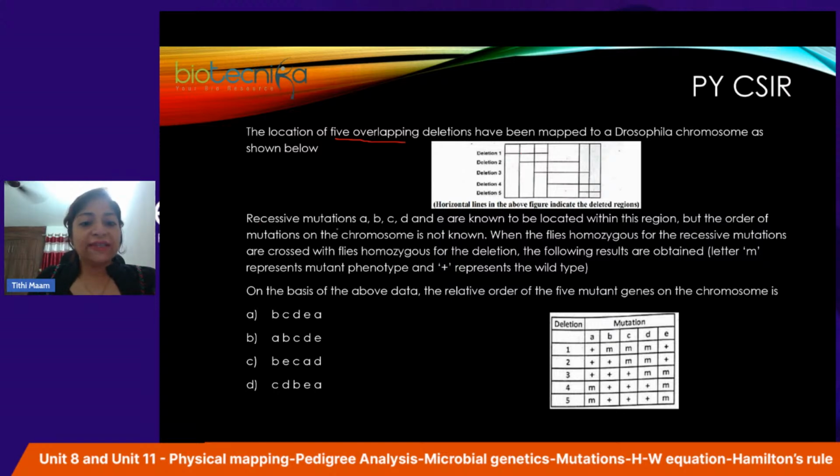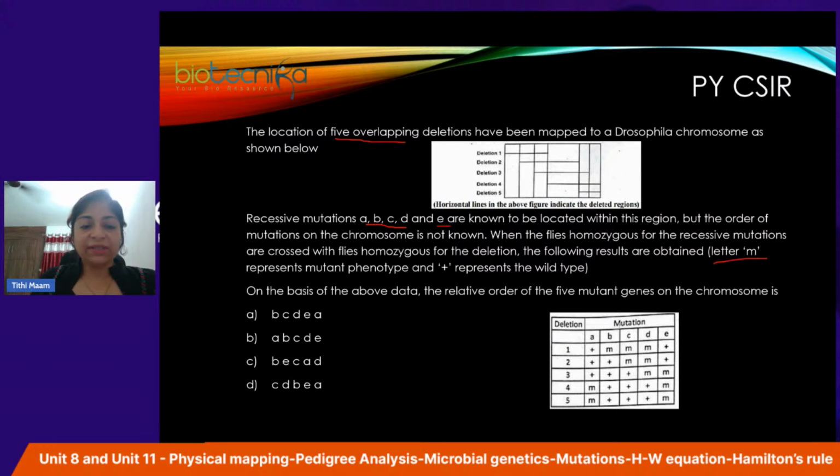Now, recessive mutations A, B, C, D, and E are known to be located within this region, but the order of the mutations on the chromosome is not known. When flies homozygous for the recessive mutations are crossed with flies homozygous for deletion, the following results are obtained.